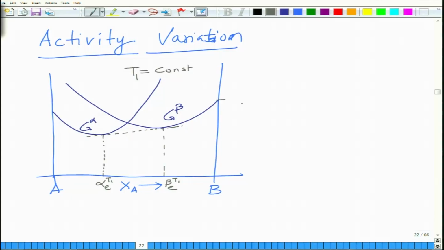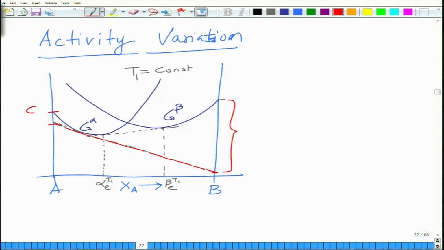So if you want to look at the variation in activity, you need to draw a common tangent. So, for the common tangent, let us say I take this particular point. So this is basically the chemical potential, right?